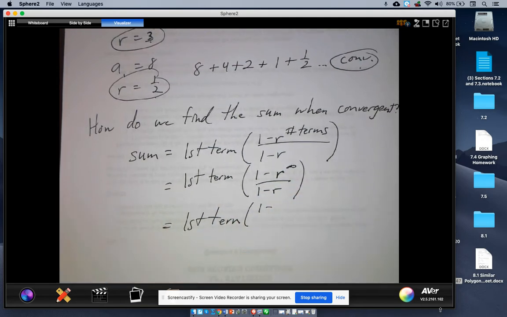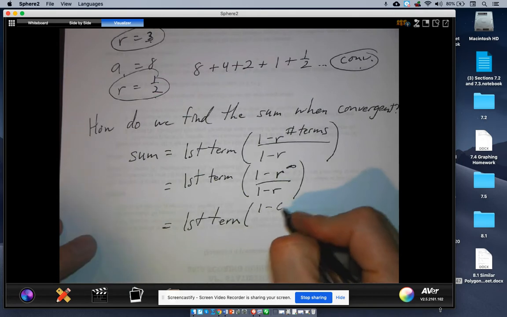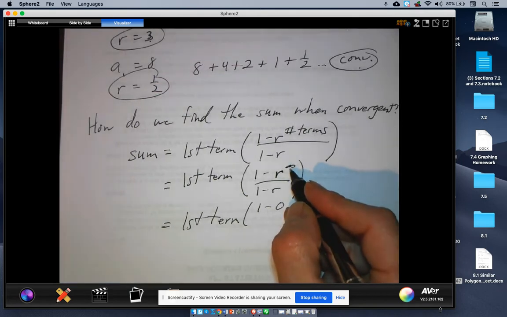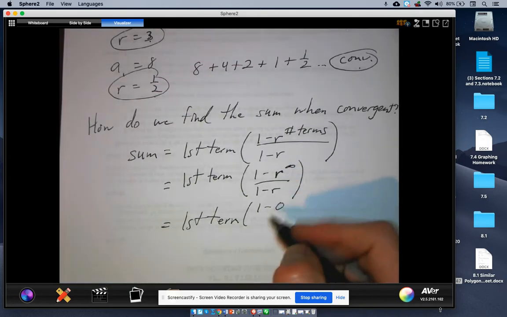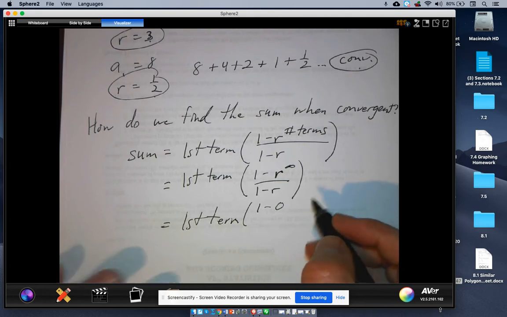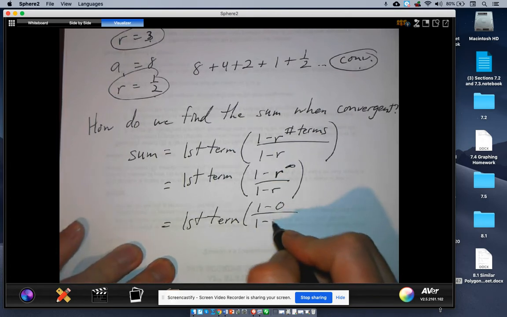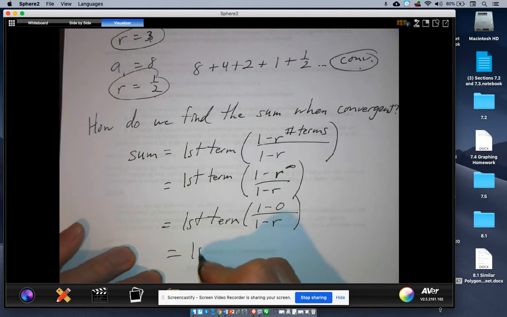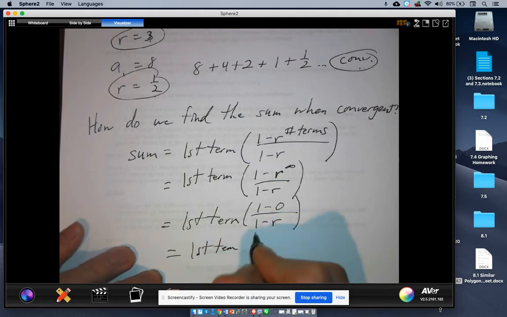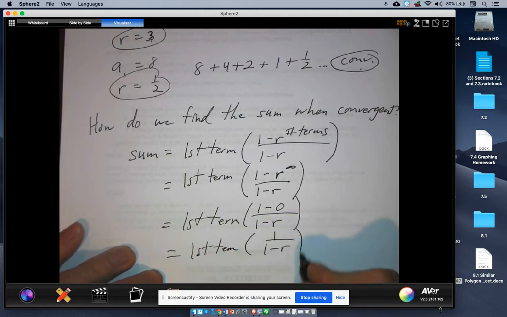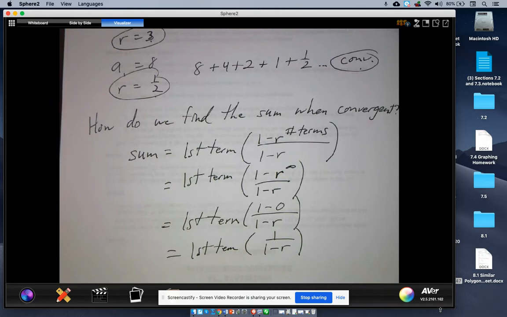Now, anything to the infinity power, other than some rare occasions, is going to be 0, because as this power got bigger and bigger and bigger, it's going to become 0, right? So for now, just trust that that's 0. I know there's some weird cases where that doesn't happen. So basically, I take the first term, multiplied by 1 over 1 minus r. Okay, that is my formula for finding the sum of a convergent infinite geometric series.